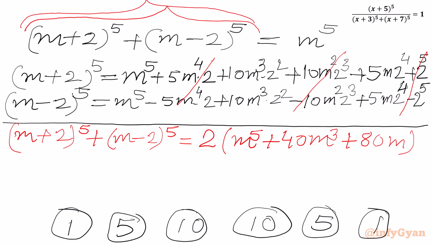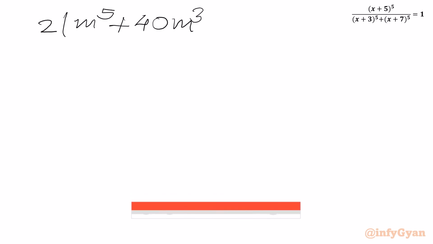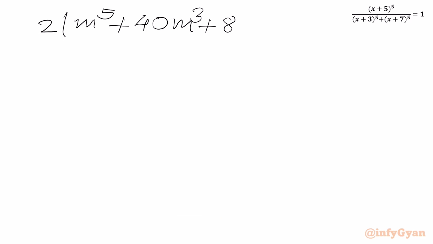Now I will write this in the LHS. So our equation we can write from here: 2 times m^5 plus 40m cube plus 80m equal to m^5. Let's simplify.